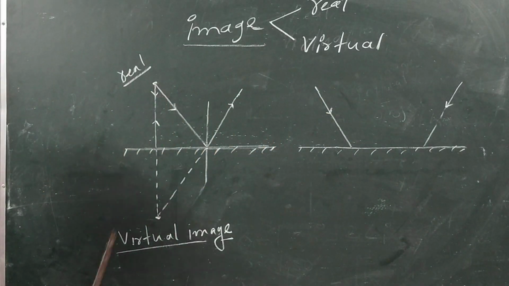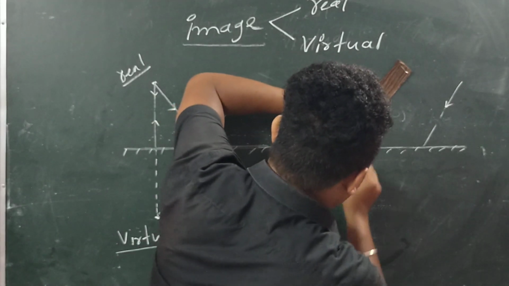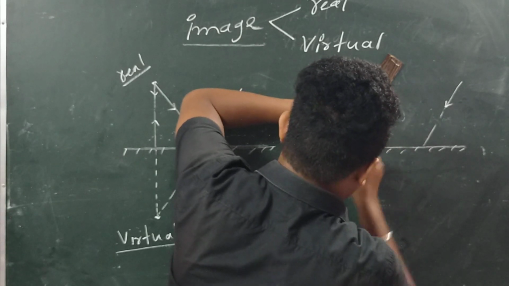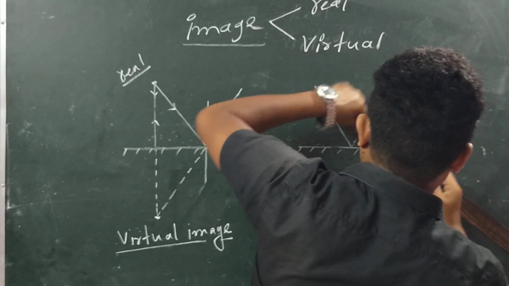Now what will happen? Once they strike this position, they will be reflected. They are going to reflect like that, and this one is also going to reflect this way.